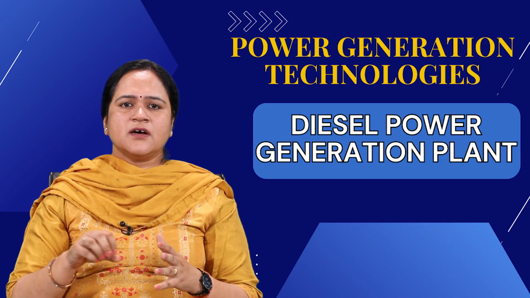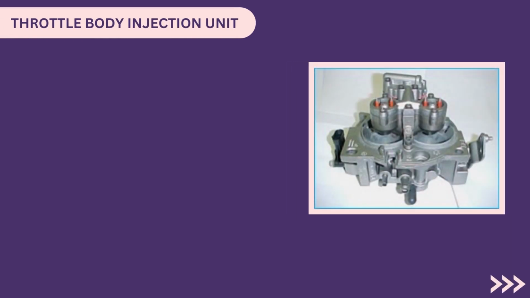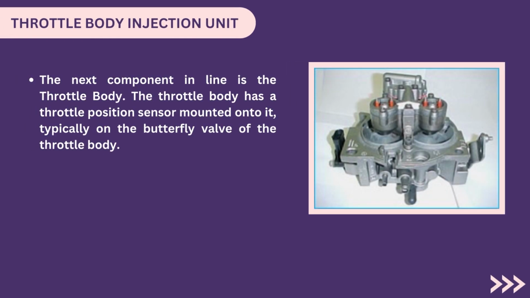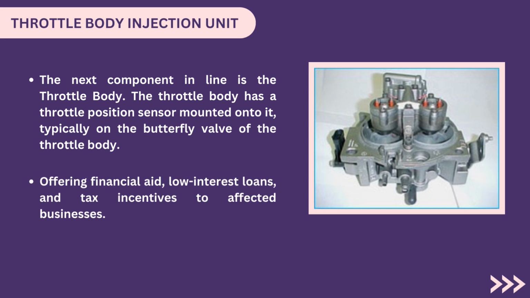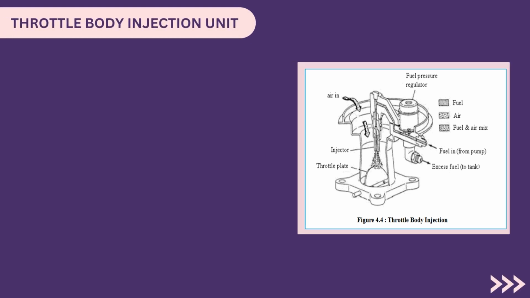The next thing in line is the throttle body. The throttle body has a throttle position sensor mounted on it, typically on the butterfly valve. This sensor reports to the computer the position of the throttle butterfly valve, which is used to calculate the load upon the engine.